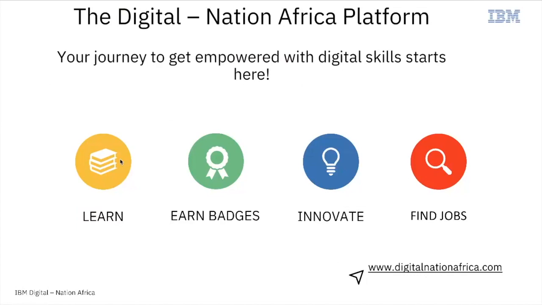Earn badges are verified proof of your achievements, recognized, respected, and valued in the IT industry, and can be included in your CV and shared on your social media such as Facebook, LinkedIn, and Twitter. In the Innovate, you can seek inspiration for different ideas, learn about the design thinking process, and start learning and building solutions on an IBM Cloud Lite account.